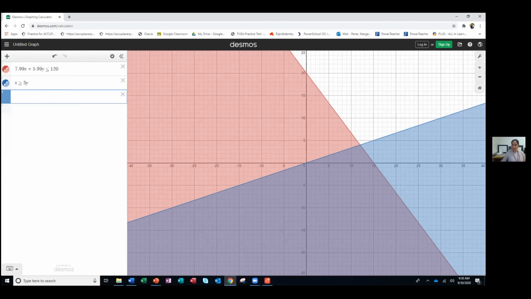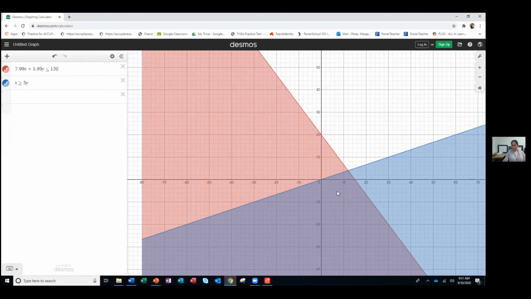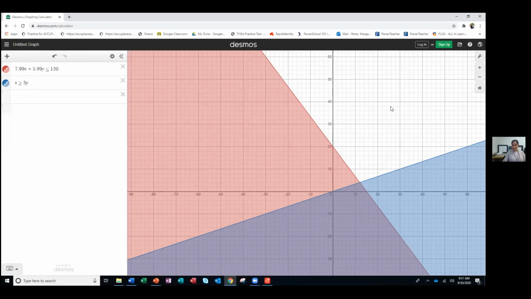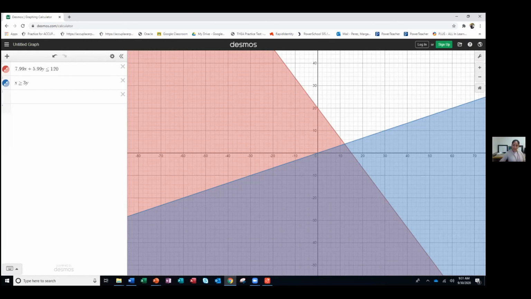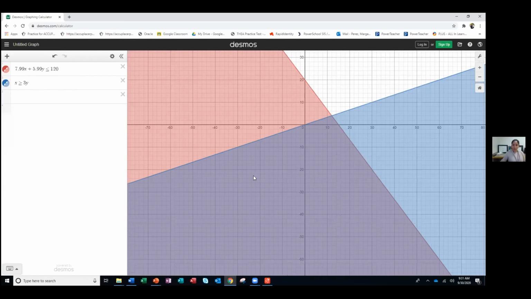Zoom out just a bit. All right, so you guys see how now we have a red line with the shading underneath, and we have a blue line with the shading underneath, right? So then our solution region is this weird blue-purple overlap.